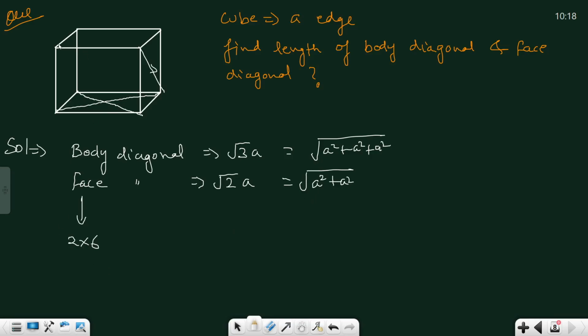But this is the body diagonal: if you connect this dot to this one, this is the body diagonal. There will be 4 in number. Look in your room: if you connect the opposite corners, there will be 4. Did you understand? Yes, sir. Thank you.